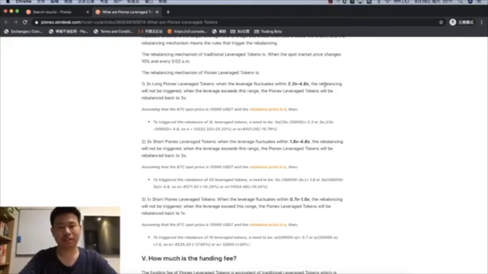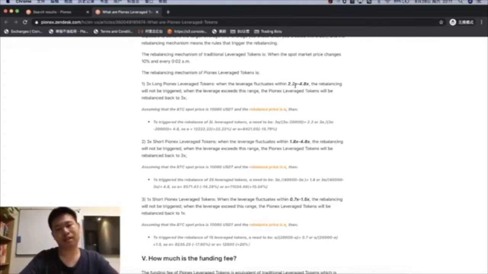That's because when the leverage is going down and we rebalance, that means we are adding the position. So for example, if you buy the BTC3L leverage tokens when the leverage has been 2.2 times, we will add some more BTC position to make the leverage recover to 3 times.